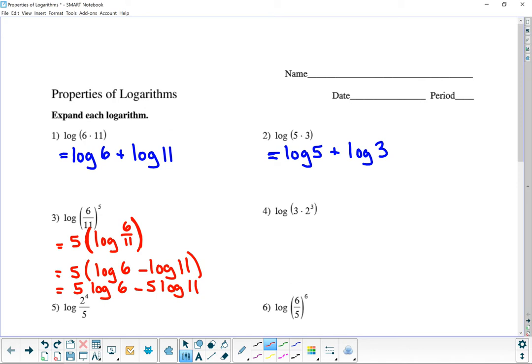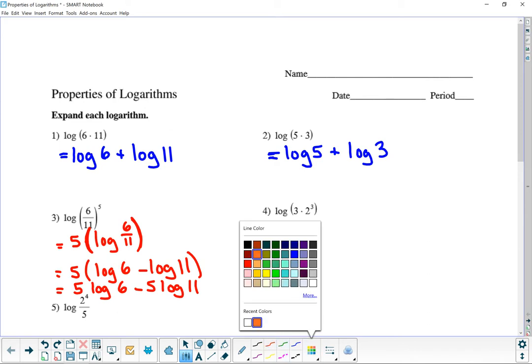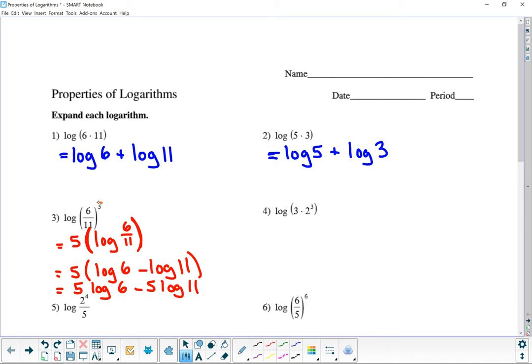Okay. Now, similarly, we can do it this way as well. And I'll put it in orange just so that we know it's related. We can also apply that exponent to the argument of 6 over 11. So we can also have the answer of log 6 to the 5th over 11 to the 5th.